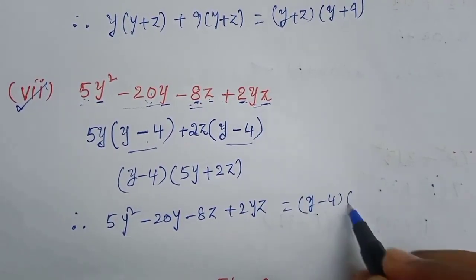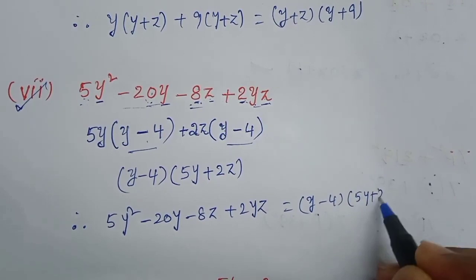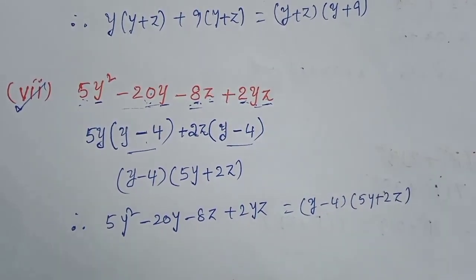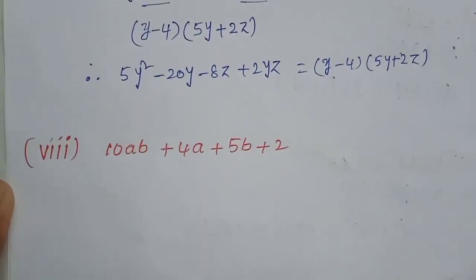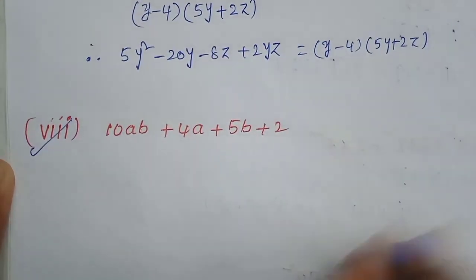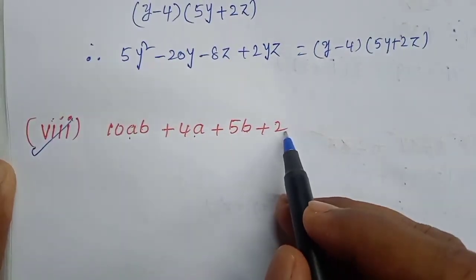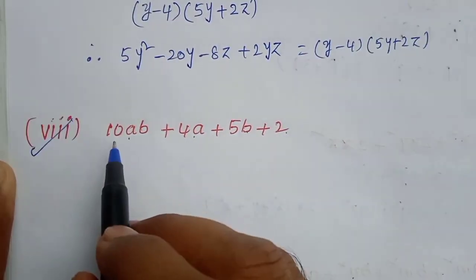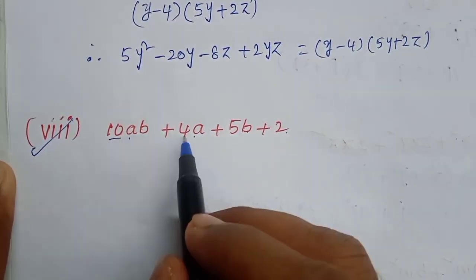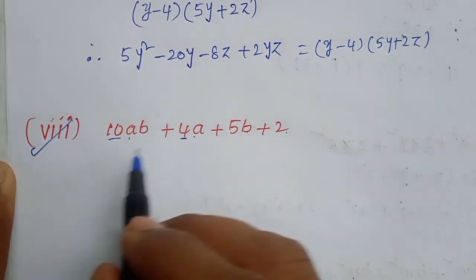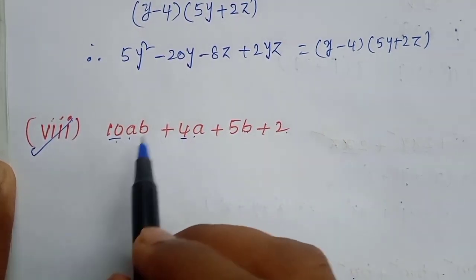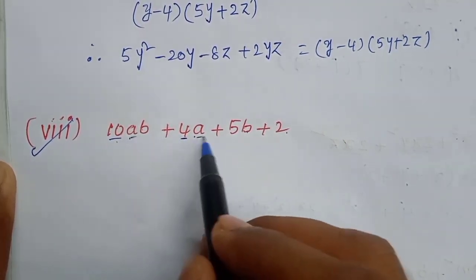Y minus 4 into 5y plus 2z. Now move on to question number 8 here. 10ab plus 4a plus 5b plus 2. See, clearly here 10 and 4 are divisible by 2 and you have a as common.